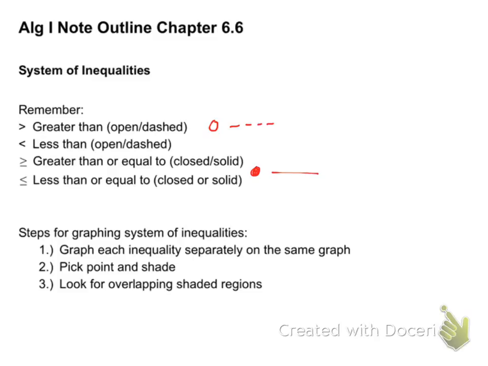And then at the end, after we've graphed that equation, step number 2 says, hey, we know we've got to be either on the left side or the right side, or the top side or the bottom side here. You need to just pick a point that's not on that line, solid or dotted, and if it works, you shade that side. If it's not true, you shade the other side.